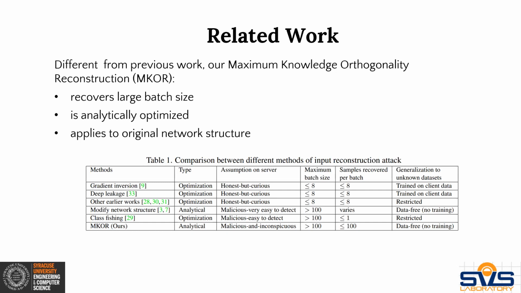Therefore, there is no loss function or iterative update in MKOR, and it has guaranteed reconstruction performance without any assumption on the dataset. Also, while we assume a malicious server, MKOR applies to unmodified neural network structure and avoids being suspicious.